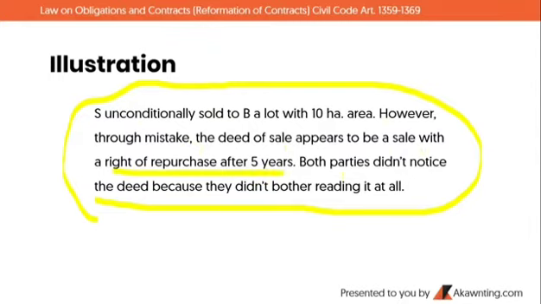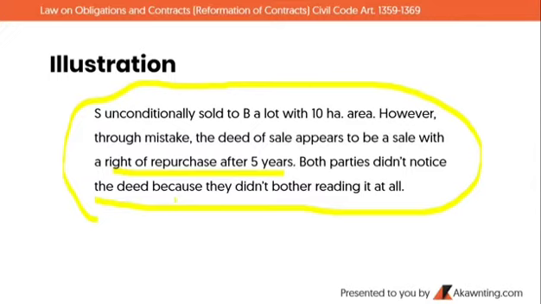Both parties didn't notice the deed because they didn't bother reading it at all. Okay. So, ayan. In truth, in substance, ito po ay isang absolute sale. However, their instrument reflects a sale with a right of repurchase after 5 years.